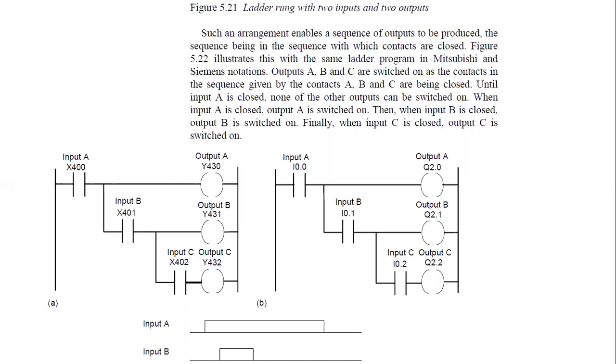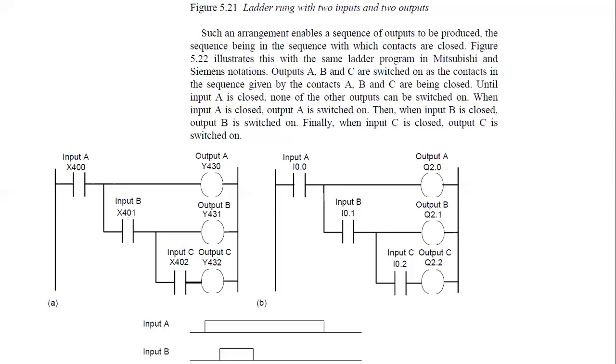So you have X400, input A closed, but input B open. That means there will be no output at either B or C, because input B controls both output B and output C. The only output that will be activated is Y430, that is output A, because output B and output C rely on switch B, that is X401. Is that okay?